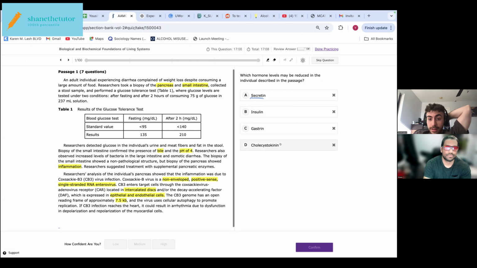I don't know what that is. Oh, it's the one that's responsible for the breakdown, I believe, of fats, but let me make sure here.